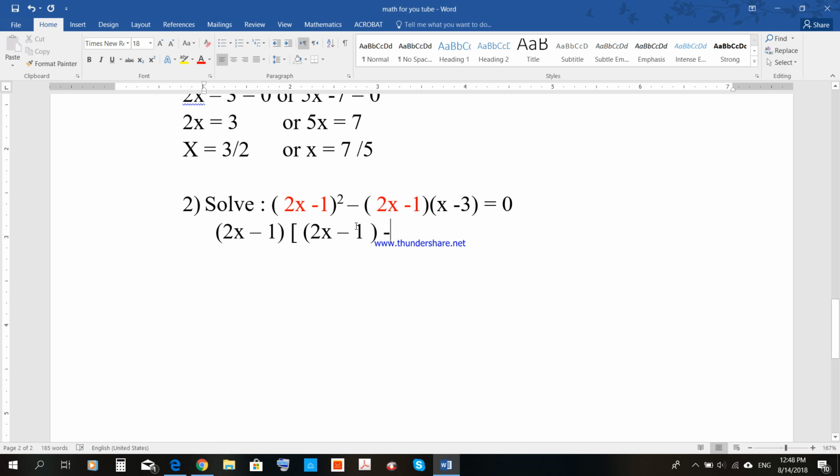Minus, because we have minus here. And now in the second term, (2x minus 1) into (x minus 3), we divide 2x minus 1 by 2x minus 1. The remaining is x minus 3. Don't forget to put the parentheses because we have minus.